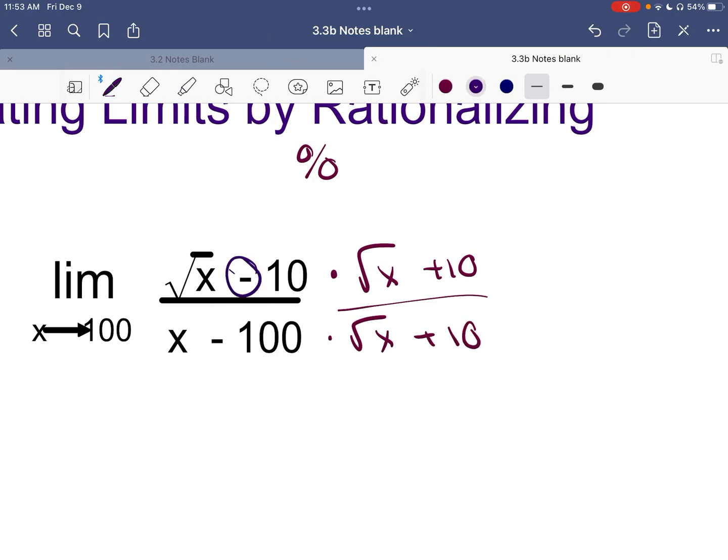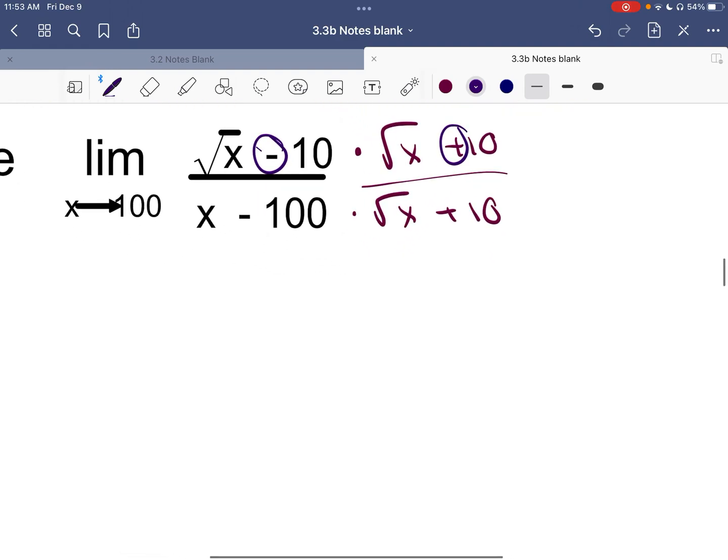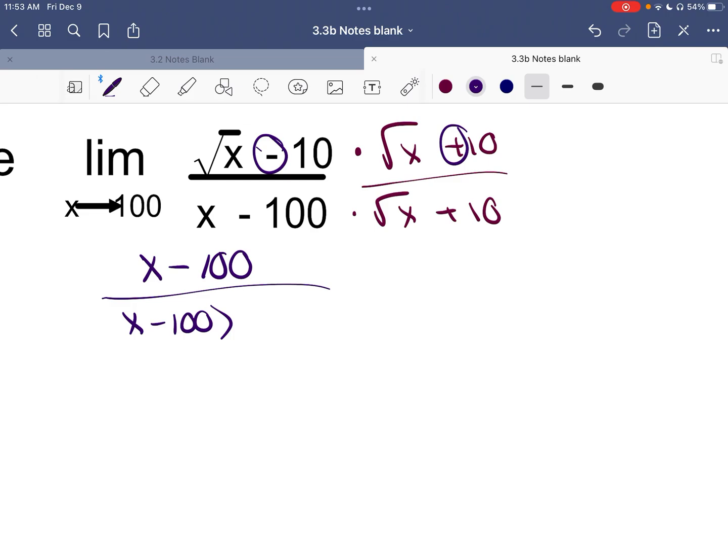Because this is our conjugate, the conjugate has the opposite sign, but the numbers stay the same. So the conjugate, if you remember, gives you a perfect square minus a perfect square. So we're squaring the first term. So root of x squared is x minus 100 over, when you're multiplying by the conjugate, don't multiply your denominator. There we go.